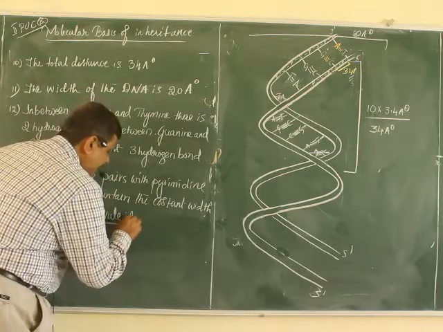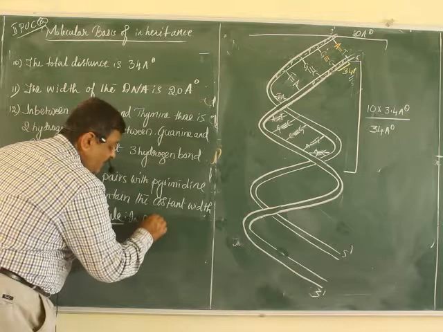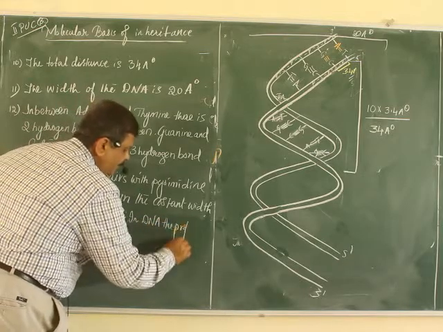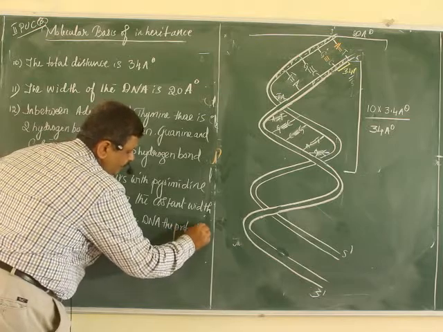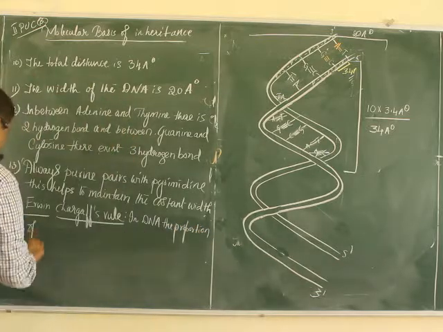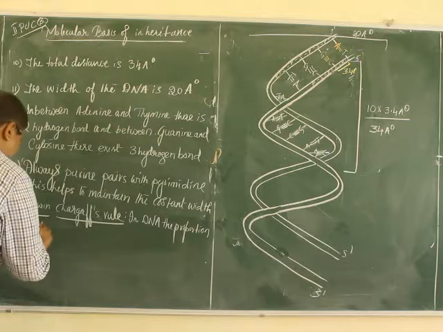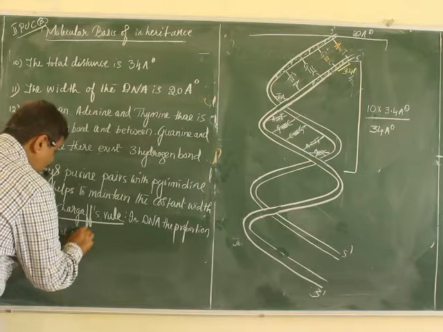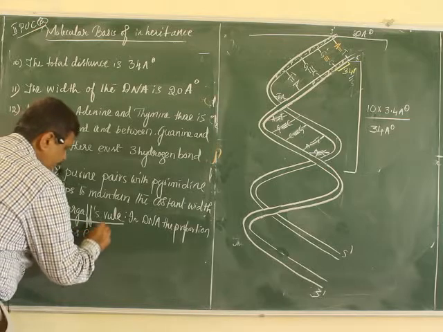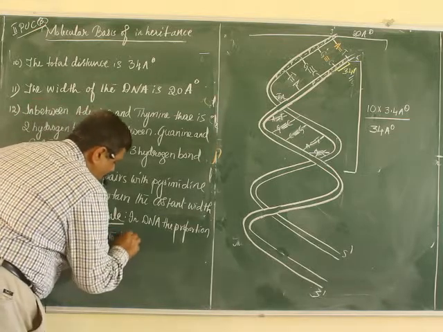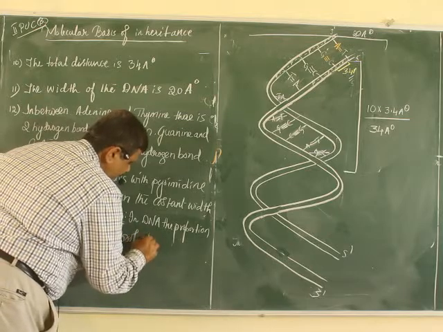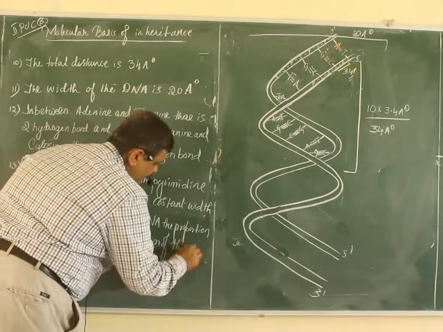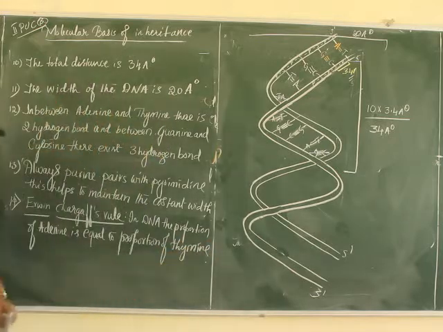Listen carefully, in DNA, the proportion of adenine is equal to the proportion of thymine.